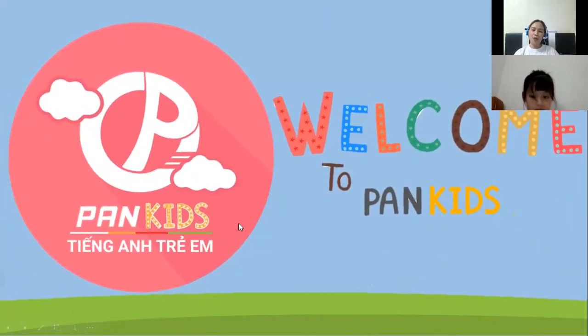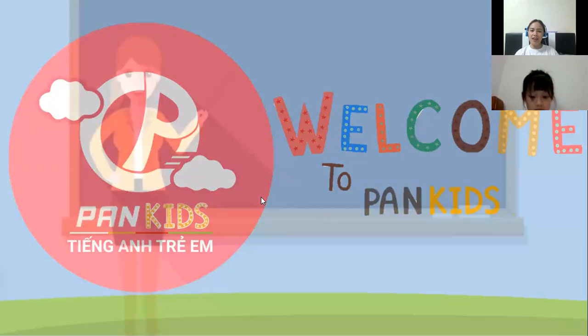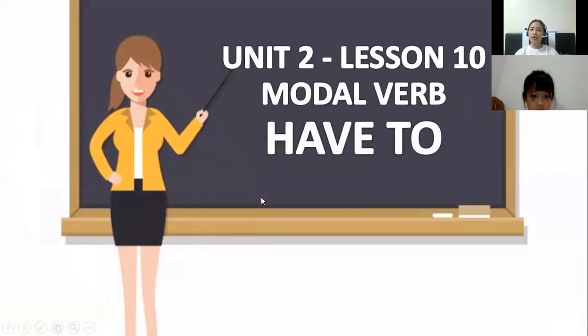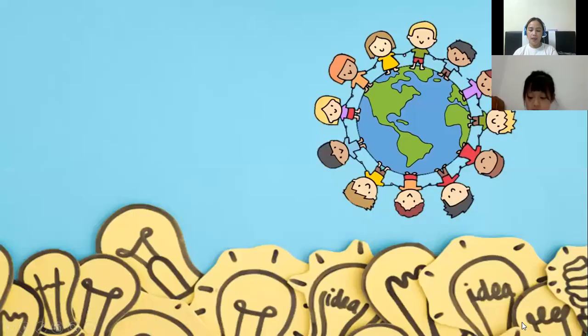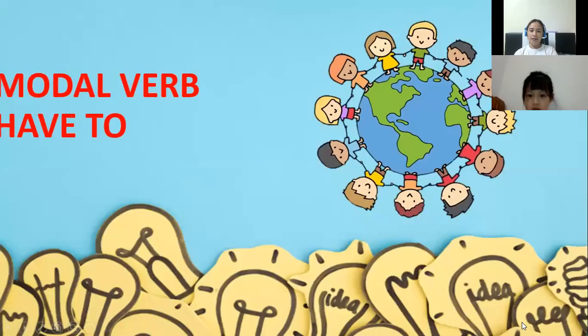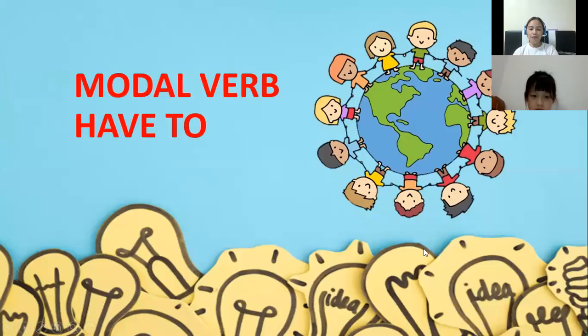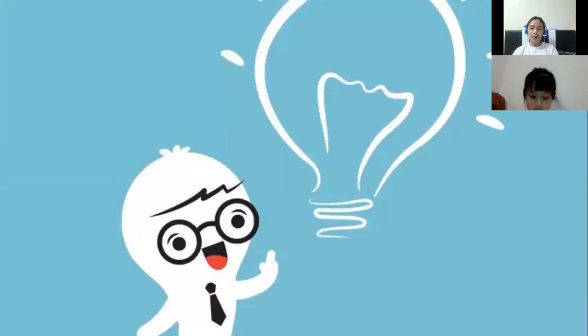Welcome to our lesson today. Pan Kids, Unit 2, Lesson 10, Modal Verb have to. Can you say it? Have to. Have to. Okay. Modal verb have to. So we're going to learn the modal verb have to.